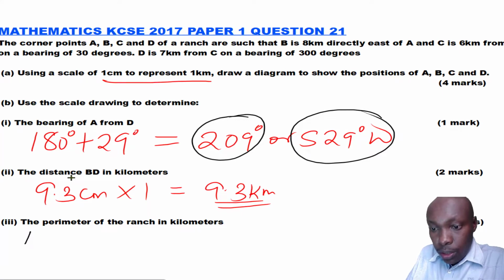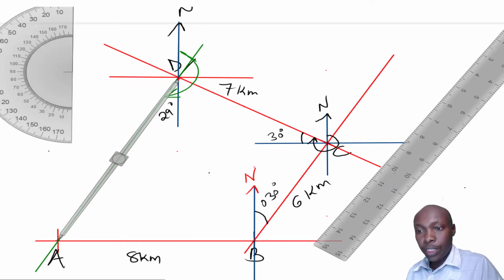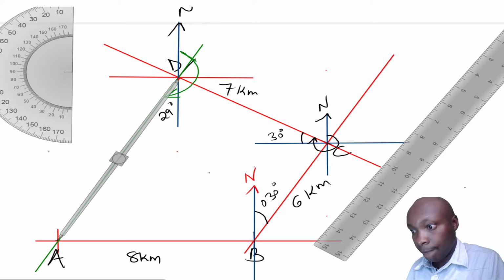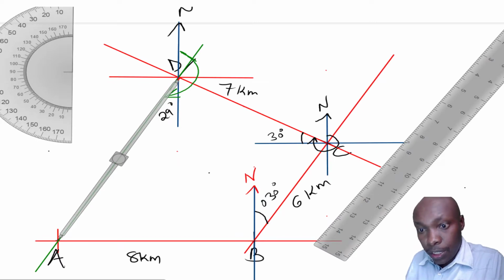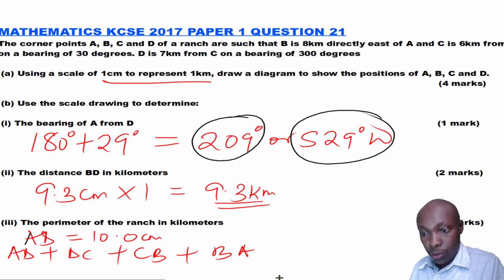Yes, the distance AD is 10.0 centimeters. So for you to get the perimeter, you need to add the distance around. So AD plus DC plus CB plus BA.